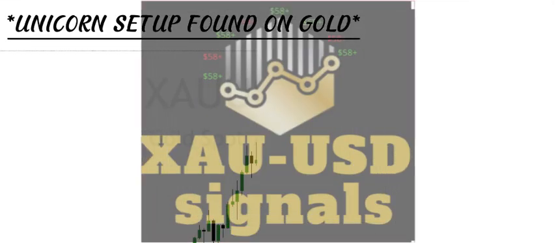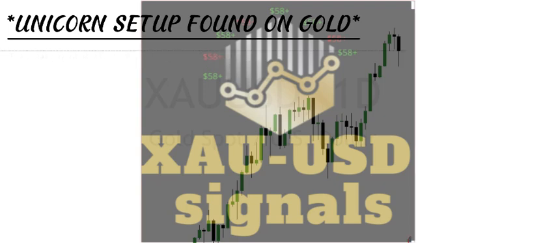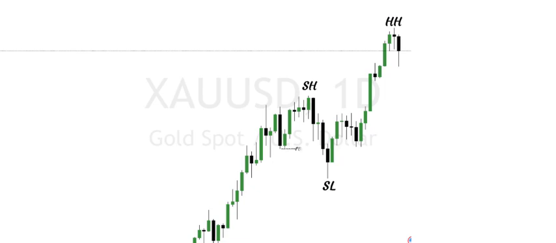Special gold USD signal for this week. Before we wrap up, let's take a look at a trading signal for gold USD based on the setup as we promised. For the past week, gold, on the daily time frame, broke an order block, turning it into a breaker block with an overlapping fair value gap.